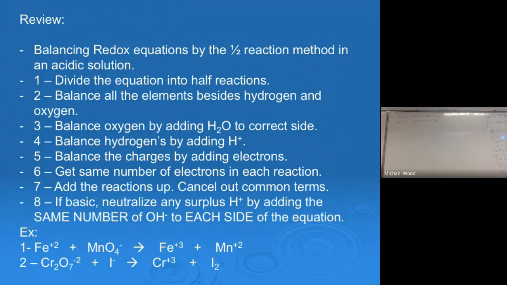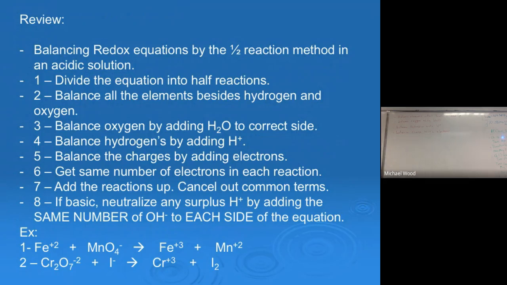Okay, back when we first learned to balance, I always taught my classes, you always save oxygen to the end. Not so here. It's actually the second step. Okay, then we're going to balance hydrogens with H+. And then the place where I always make a mistake, hopefully I don't today, is I'm going to balance the charge with electrons.